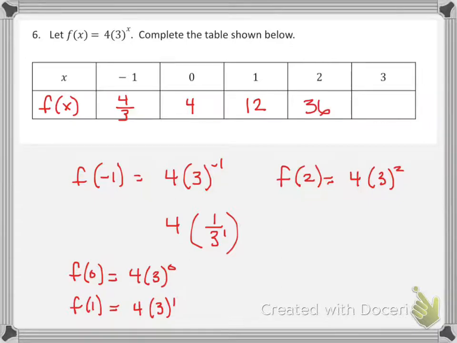Yeah, 12 times 3 is 36. 4 times 3 is 12. Looks like that's the case. F of 3 is equal to 4 times 3 to the third power. That's 27. And 27 times 4 is 108, which again is 3 times 36.